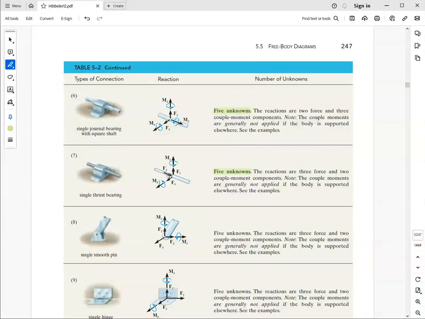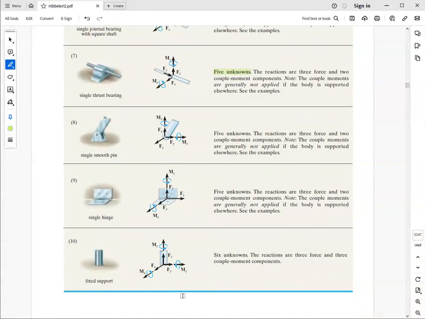So we see forces, and then moments are shown, because rotation is not possible transverse to the axis of the pin or the bearing. Okay, so we'll have 5 unknown reactions. That is 3 forces and 2 moments, so 5 unknowns for all these 3 cases.